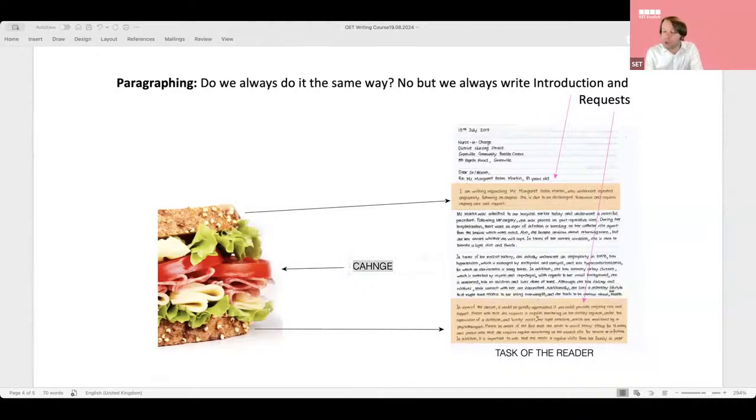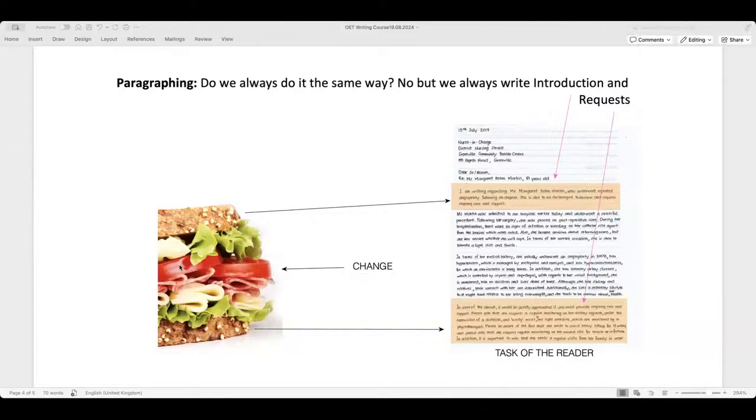For example, Noam, can you say hello? Julie? Gul? Hello. When you make a sandwich, do you always put the same things inside? No. Sometimes, but not always. Why do you change it? Maybe you don't have lettuce.